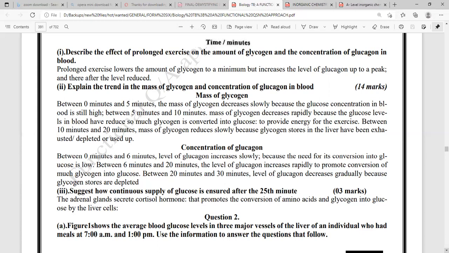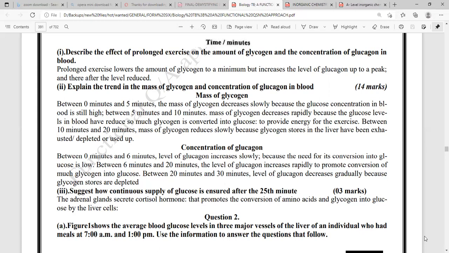Particularly after the 25th minute, we are looking at the adrenal glands secreting cortical hormone that will promote the conversion of amino acids and glycogen into glucose by the liver cells. So glucose is getting produced from other non-carbohydrate sources.